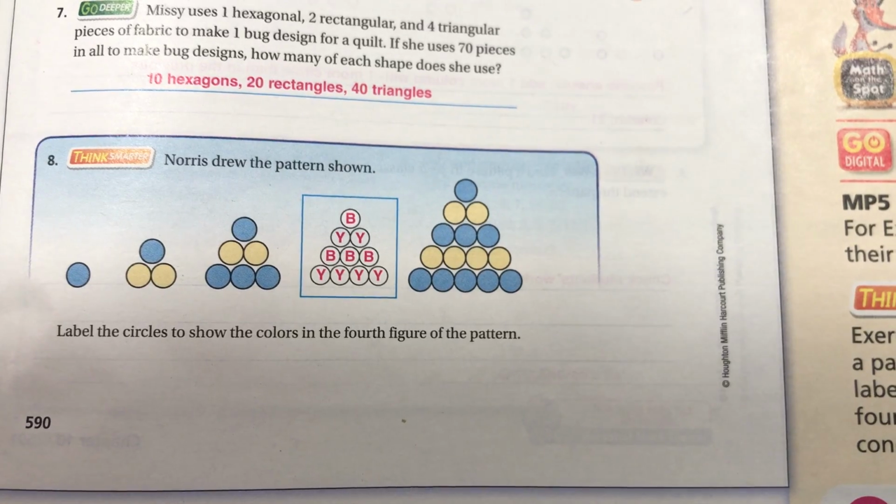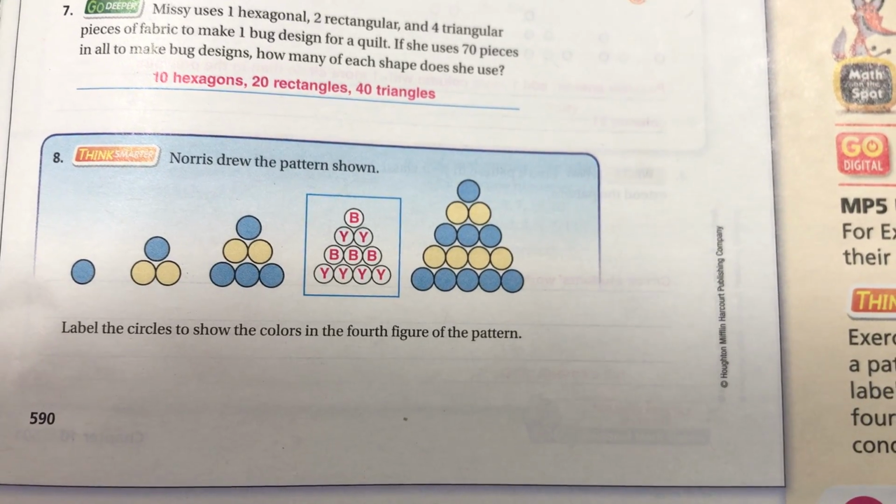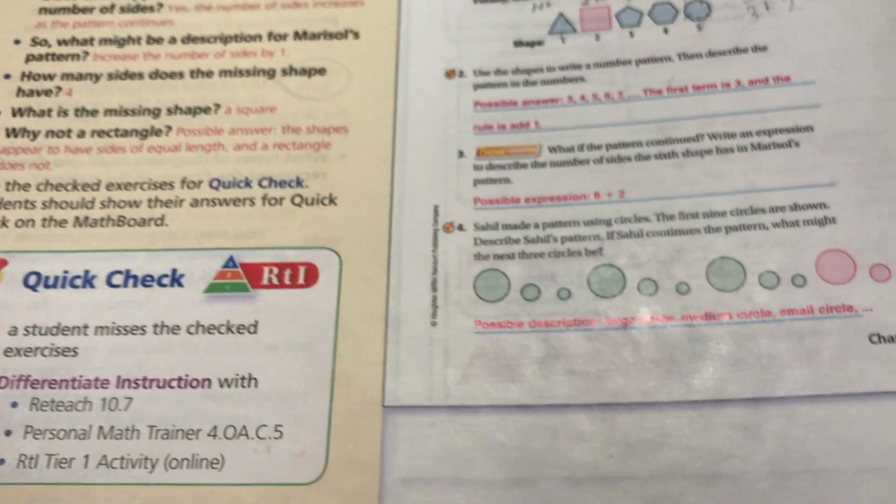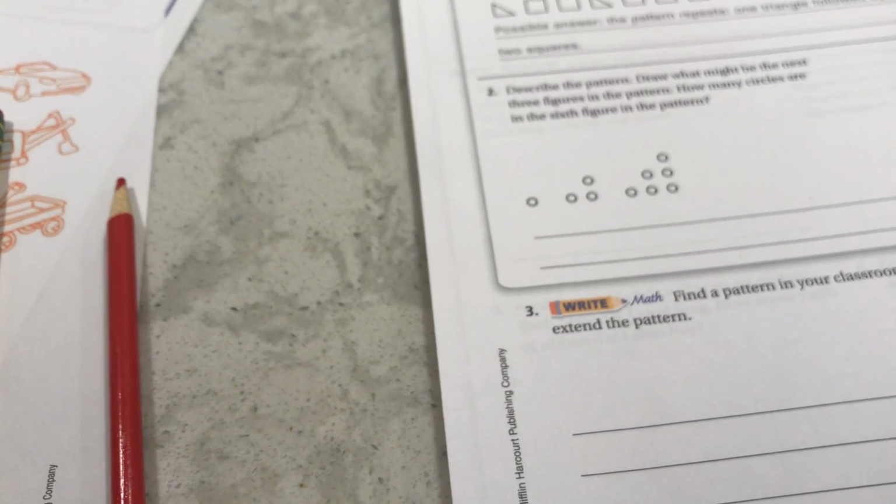With the BYY and all that, the blue, yellow, blue, yellow. All right. So the last thing I wanted to show you was you can hit pause at this time. And why don't you give page 590, 591, and 592 a try. All right, see you back soon.